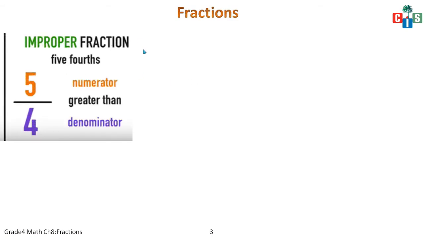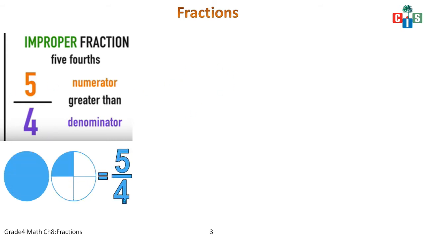Okay, the other is improper fraction. Improper fraction means the head is improper. Head means numerator. Numerator is improper means the numerator is bigger or greater than the denominator. That is 5/4. The numerator is greater. So this is 5/4, where the whole one figure is colored.